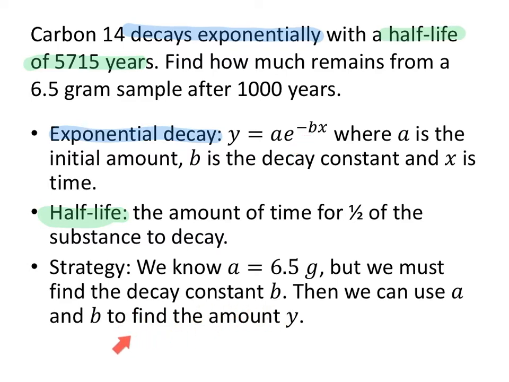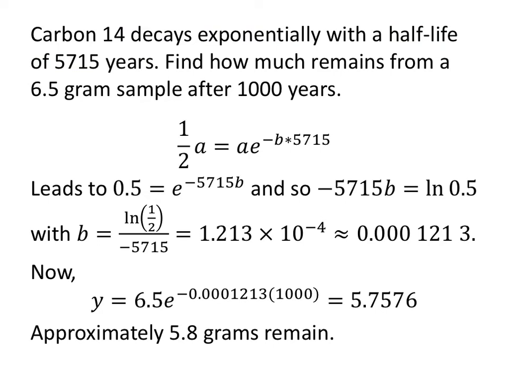Let's find b in order to find the future amount, y, after it's decayed. No matter what we start with, we know that when the time is 5,715 years, half of that amount remains. Whatever the starting amount was, the half-life tells us half remains. We're going to divide both sides by a, right?